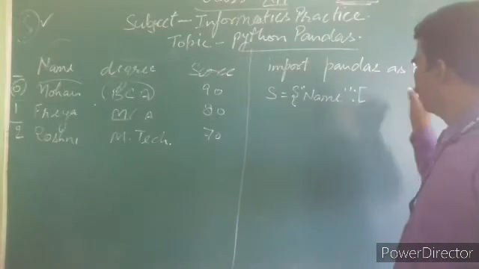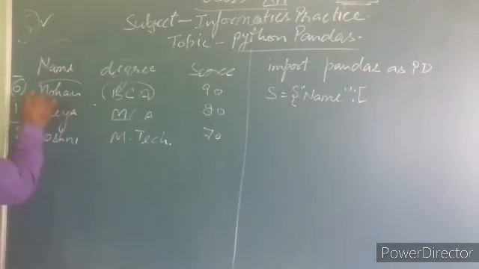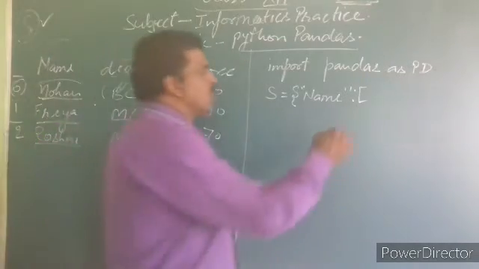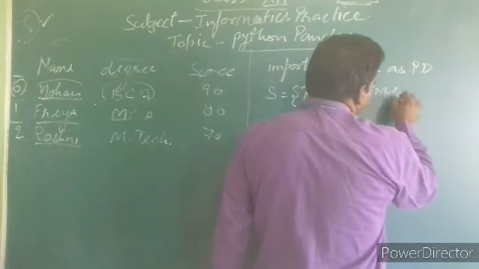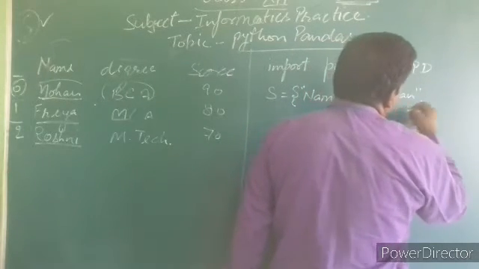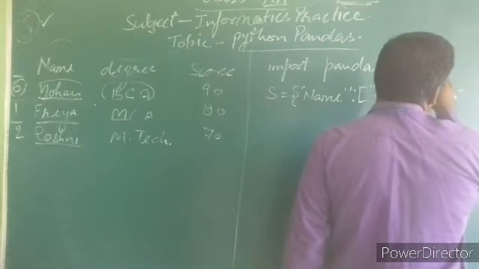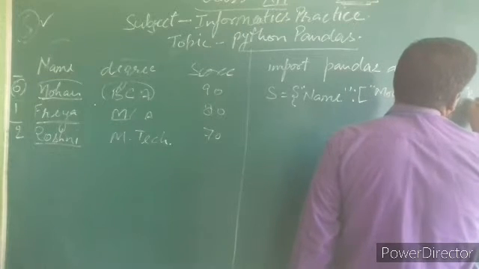After that, the value you can give. So what value you are having in name? Miss Mohan, Priya and Roshni. So that value we have to write, Mohan, comma, Priya, comma, Roshni.